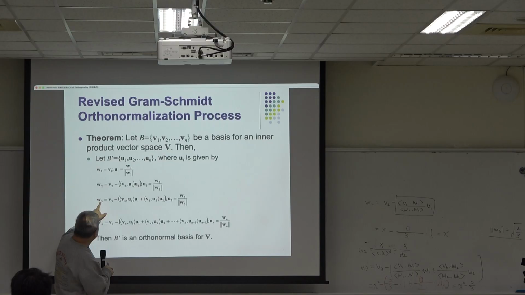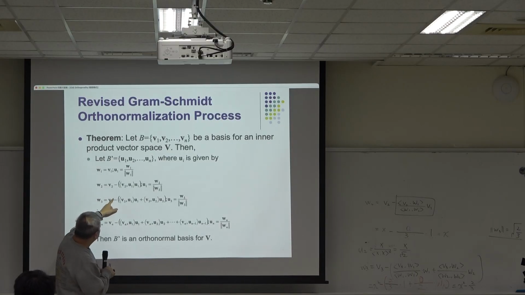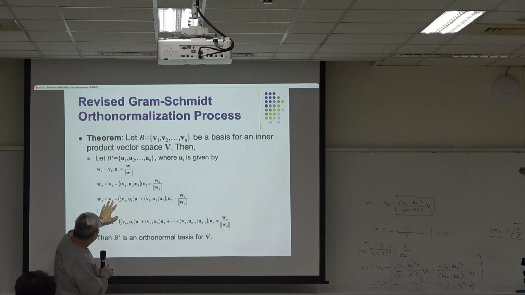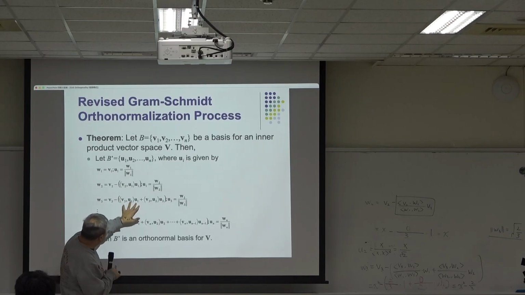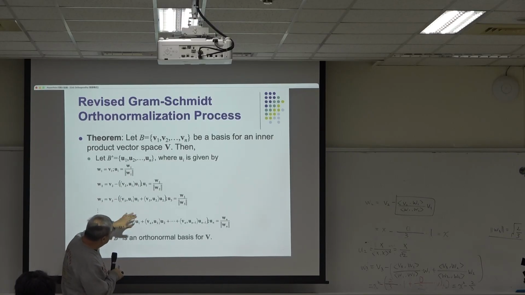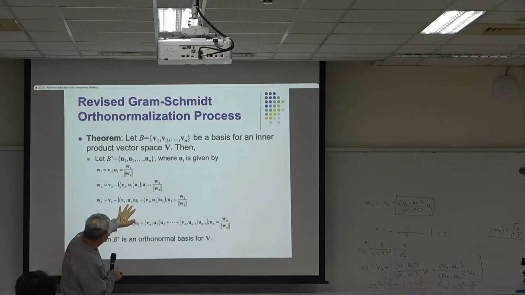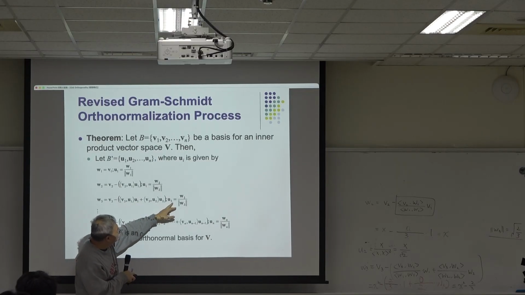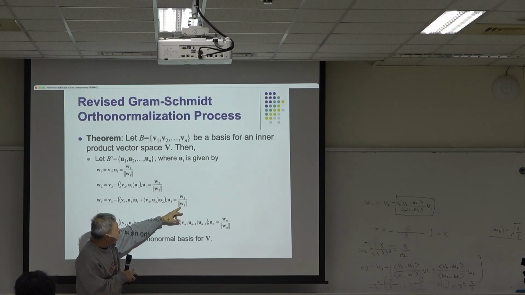And W3 is V3 minus the projection of V3 onto the space spanned by U1, U2. It can be written like this. And U3 is W3 divided by its norm.